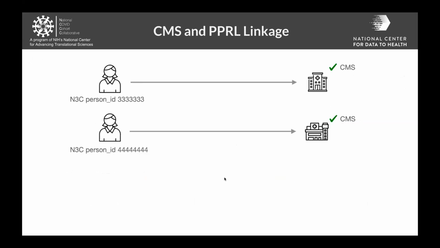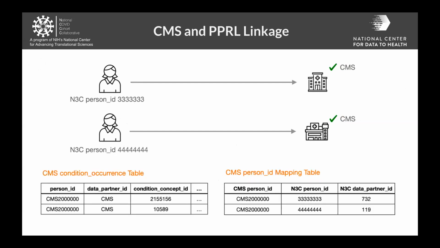But things can get interesting with CMS because when we get data about a given patient from CMS, we get information about all of the different places that they went for care that was submitted to CMS claims. And what that means is if you have a situation like this, where we have person ID 33333 and another one 44444 at two different sites, it could well be that these are both the same CMS person.